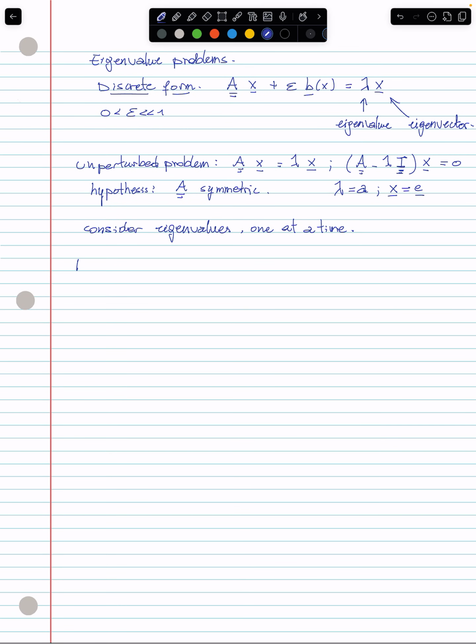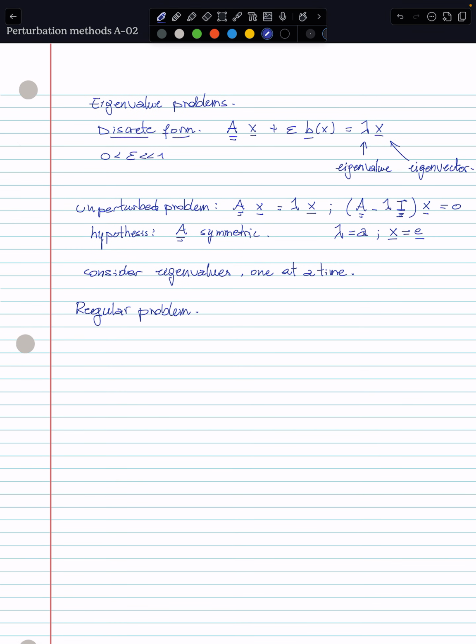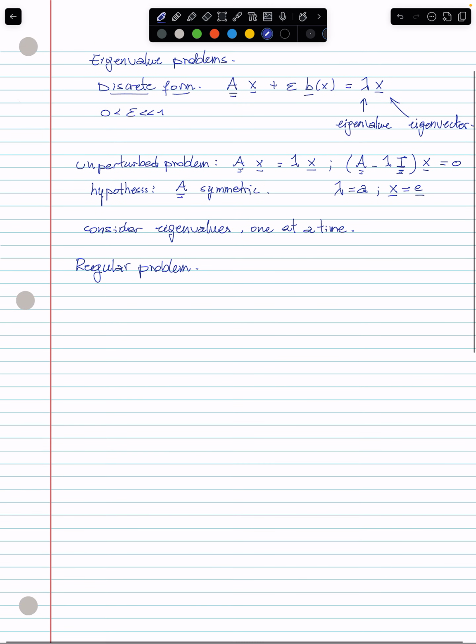I would say that the problem here can be cast into the family of regular problems, because if you just look at the unperturbed problem, this is still an eigenvalue problem, so we haven't changed the nature of the problem.